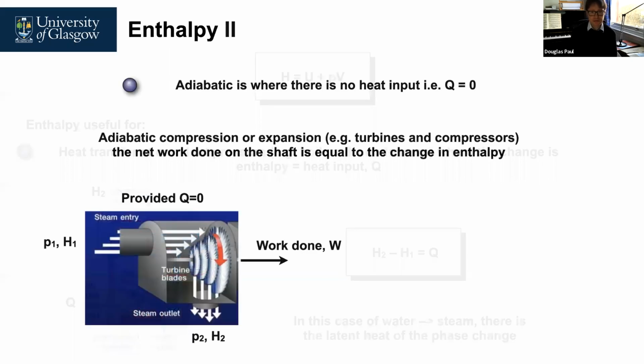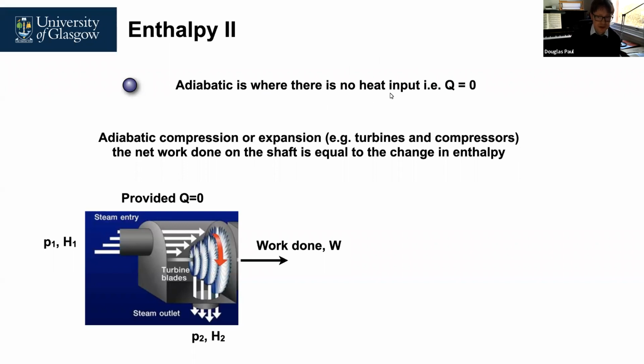So just to show a little bit more, we need to also talk about adiabatic systems. And this will become important when we talk about the different power stations and thermal cycles. So adiabatic is where there's no heat input in the system.